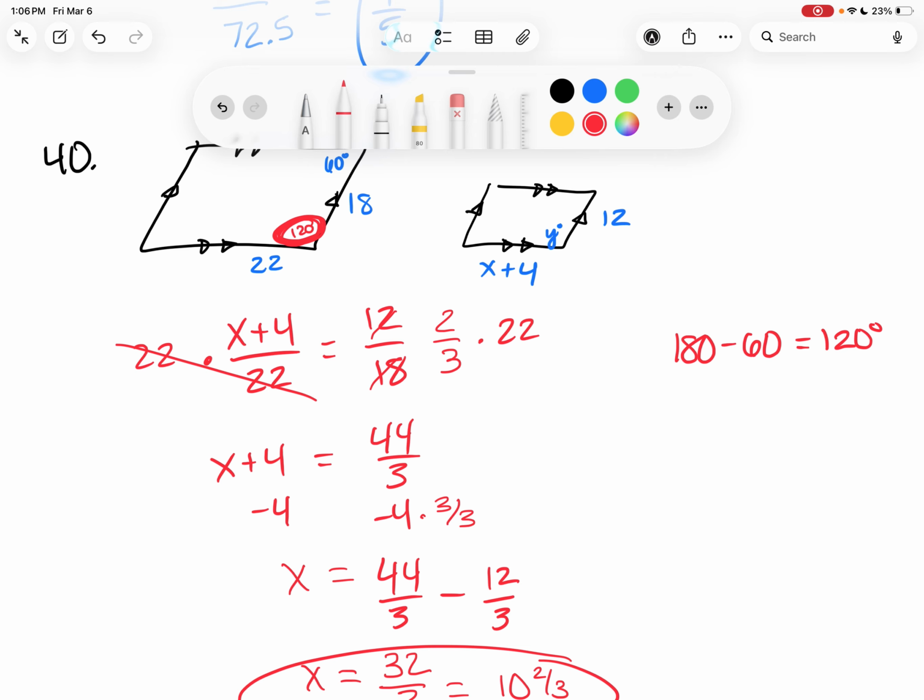In similar triangles, what's true about their, or I keep saying triangles, y'all just know that I mean whatever shape it is. What's true about the angles? Go back to the very first question we did as an example. What's true about the angles in similar shapes?